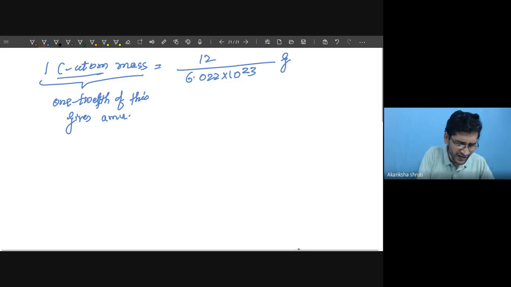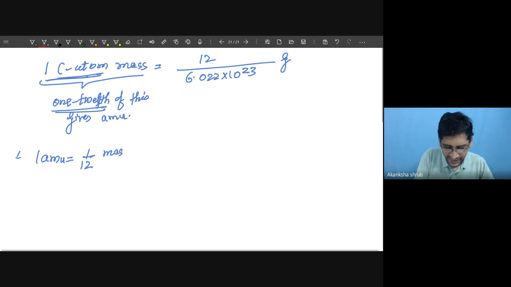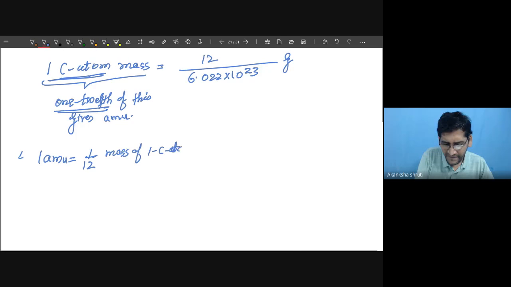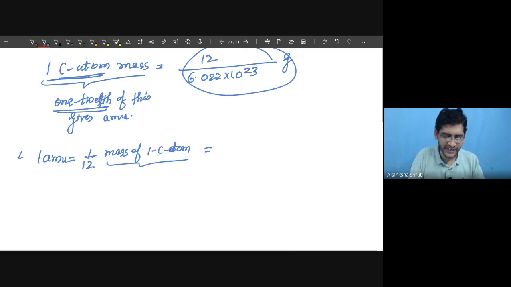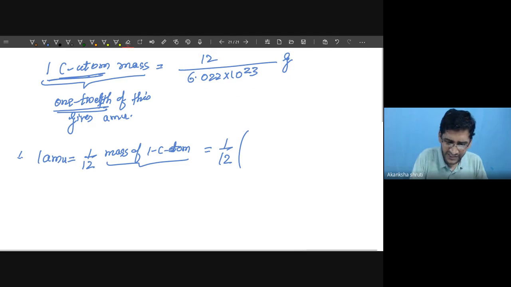It means you need to take one atom and divide it by 12. So 1 AMU is equal to 1/12 of the mass of one carbon atom. Here we have understood the mass of one carbon atom is this much, which we have written on the right-hand side. So we have to put 1/12 before that. Students, mark it.